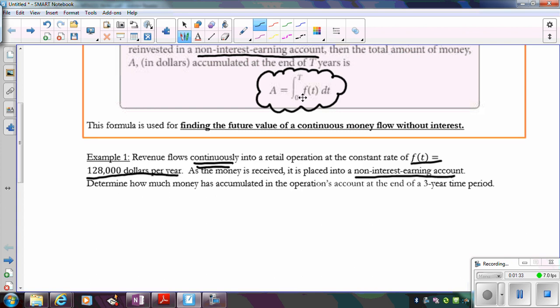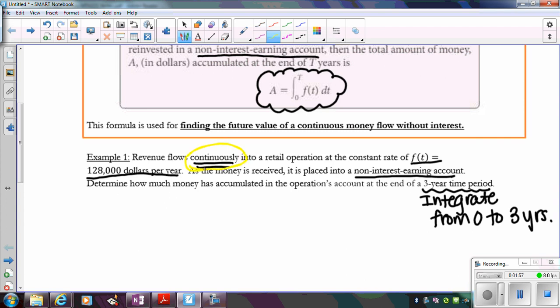We want to know how much money has accumulated in the account at the end of a 3-year period. So basically what we're going to do is integrate from 0 to 3. So that indicates here that we're going to integrate from 0 to 3 years. And again, the reason why I know it's an integral is because it's continuous money flow.